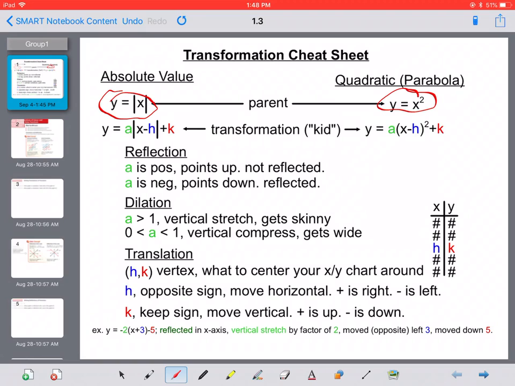The A is outside the absolute value or the parenthesis, the H is inside with the X, and the K is on the outside. A tells us two things.